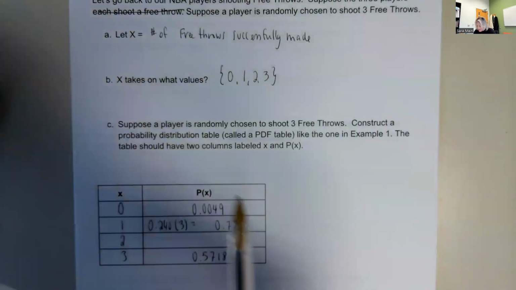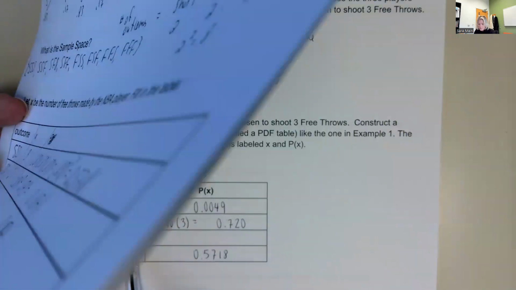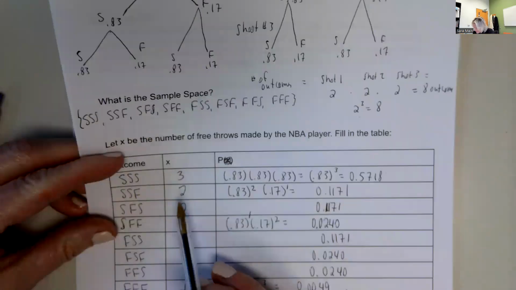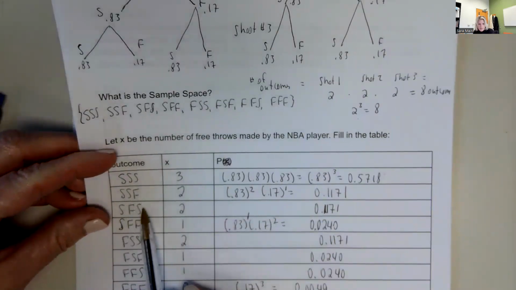And similarly, to get X equal to 2, where the player makes 2 of its free throws, could happen in these scenarios: success, success, failure, success, failure, success, or failure, success, success.